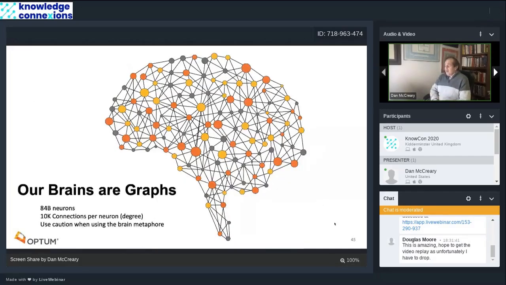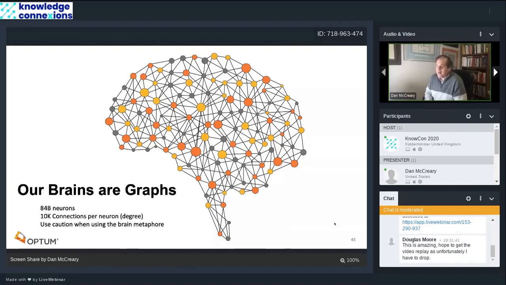So a couple things just to mention, cautionary tales here. The first is that our brains are kind of like graphs. Our brains typically have about 84 billion neurons, but these neurons are also much more highly connected, typically about 10,000 connections per neuron, whereas our knowledge graphs that we're building at scale almost consistently have 5.2 relationships per vertex, so a much, much lower degree, a much smaller number of connections between vertices.